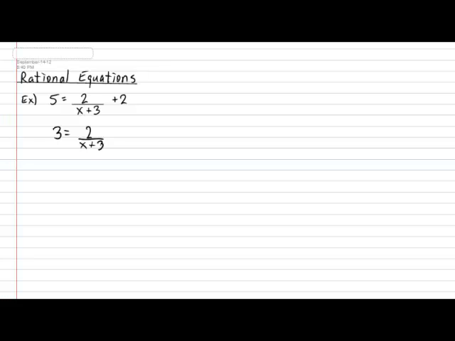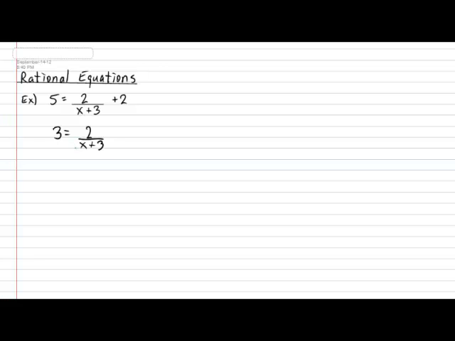Next, the problem here is that although the fraction is isolated, the expression containing the x is currently located in the denominator position. To solve for x, we need to get it back into the numerator position. And to accomplish that, we can simply rely on our cross multiplication skills.